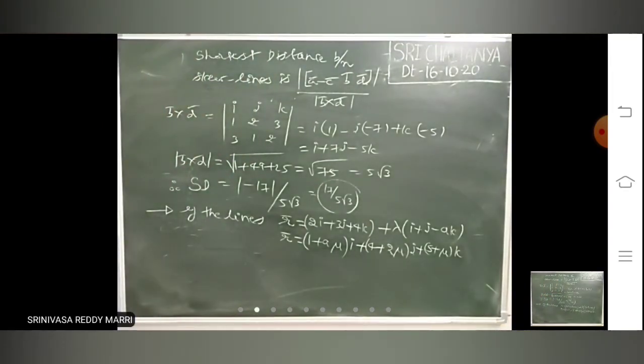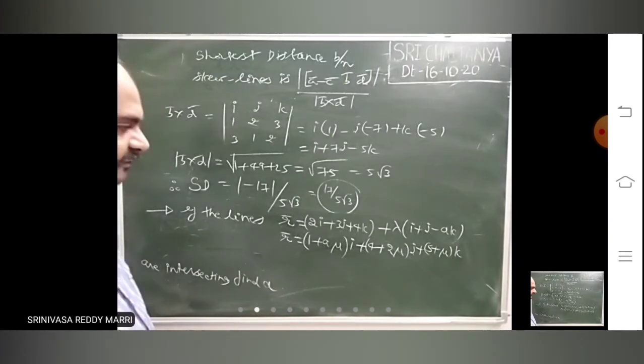Another line is given like this. Given are intersecting, find a. He will tell that the lines are intersecting, find a.